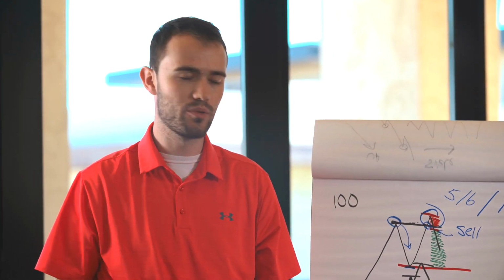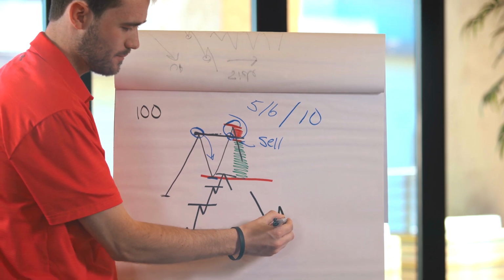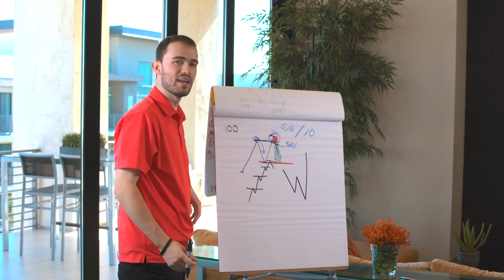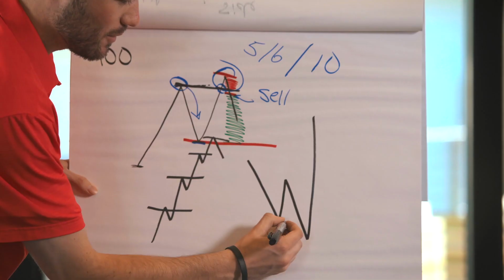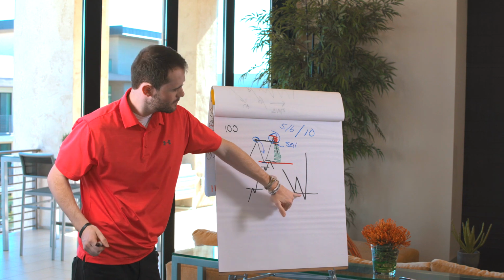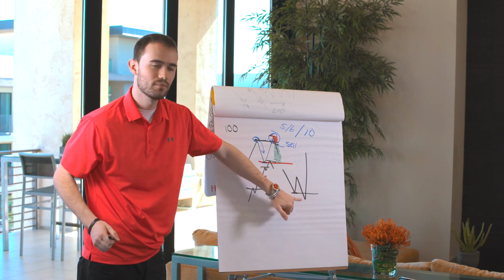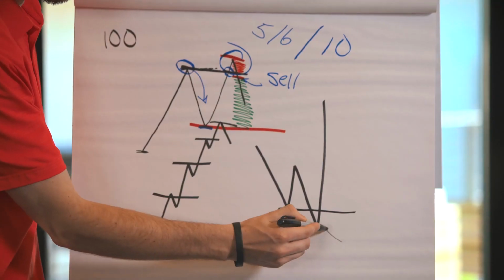I want you to also remember that everything we just talked about is the same on the flip side. So if we were to find this first level and draw a line, guess what? We exit the low. Once we exit the low, what happens right here?